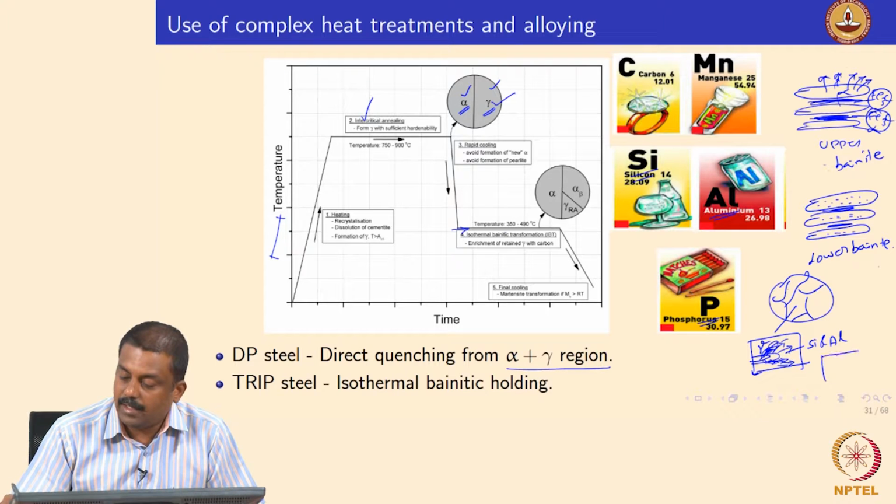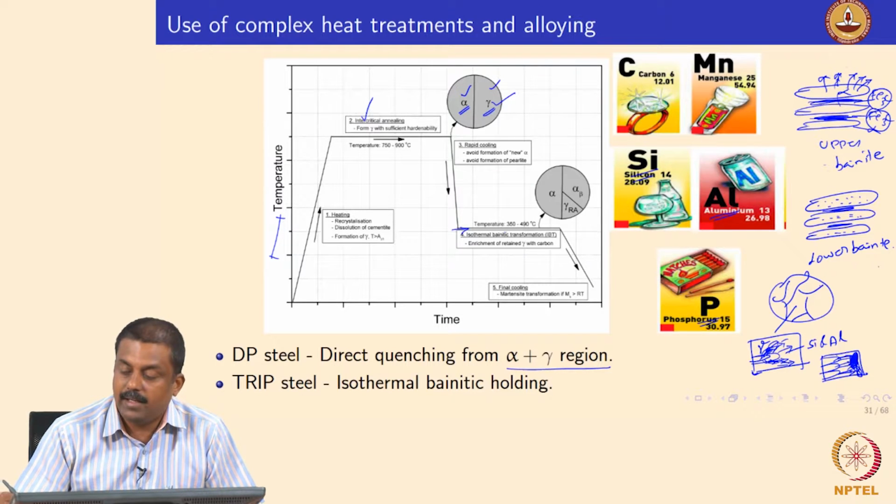Towards the end of the transformation, the bainitic ferrite, the ferrite laths in the bainite, would grow with an extreme enrichment of carbon in the untransformed austenite. Okay. So, the carbon atoms are all moving away from the bainitic ferrite and enriching the untransformed austenite considerably. And we do not nucleate cementite because the nucleation of cementite is retarded by the presence of silicon and aluminum atoms in the austenite matrix.